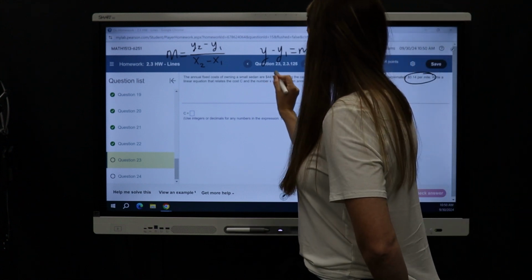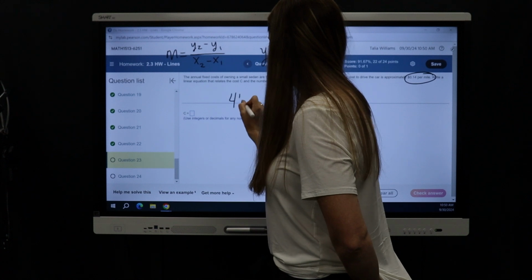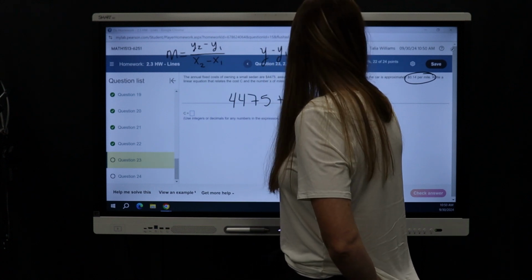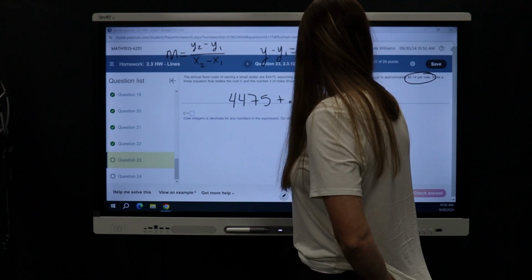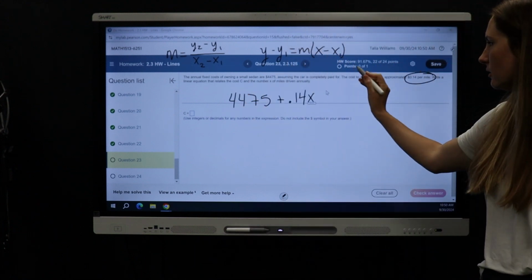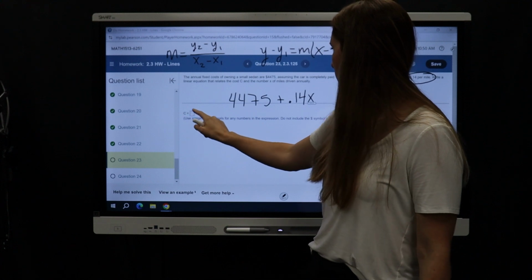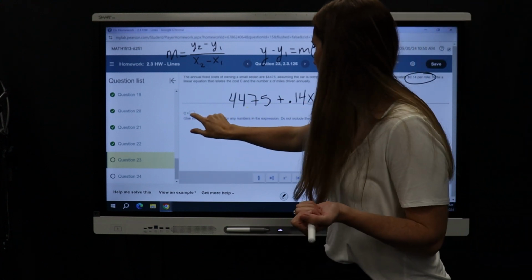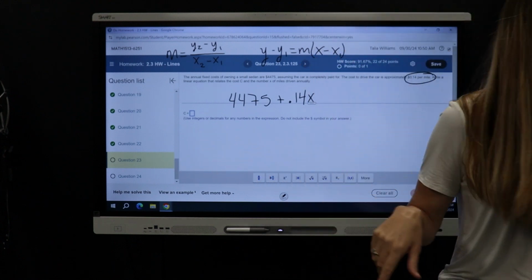So it's this much yearly, I guess oil changes, tires, whatever else you might need. So this is going to be our formula, and I think that's all they want on this.